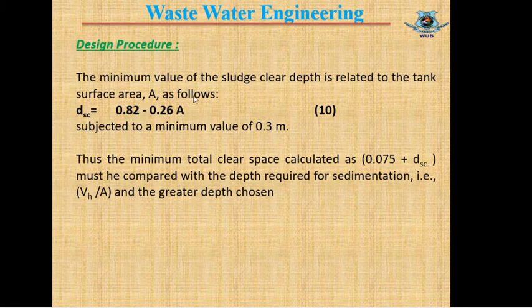Here A equals the cross sectional area of the tank, and this depth should be a minimum of 0.3 meter. That means the minimum value should be 0.3 meter.